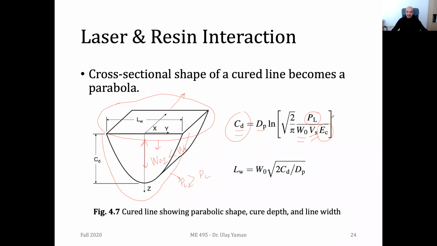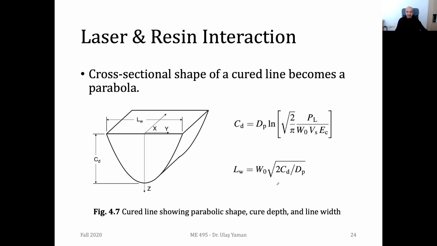But this is a simple relation, as I discussed here, between the curing depth and other parameters. What about the last one here? It is the width of our cured region, the line width.